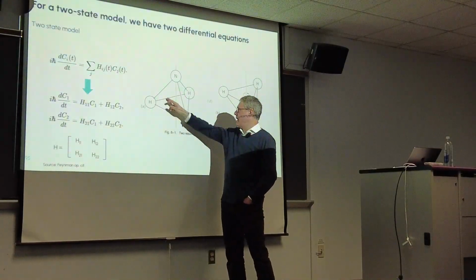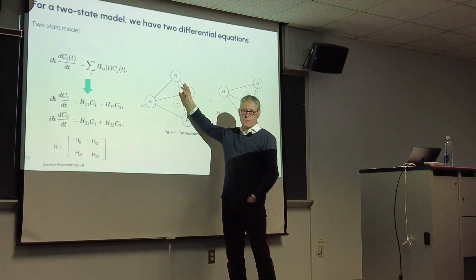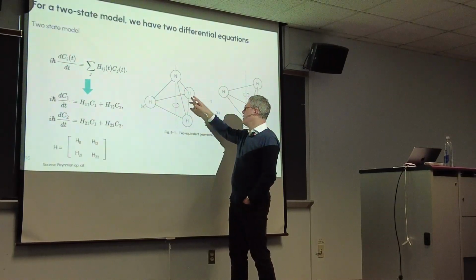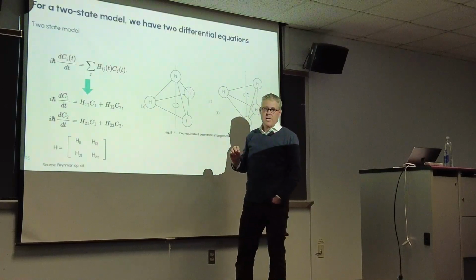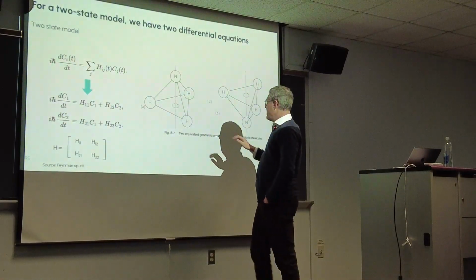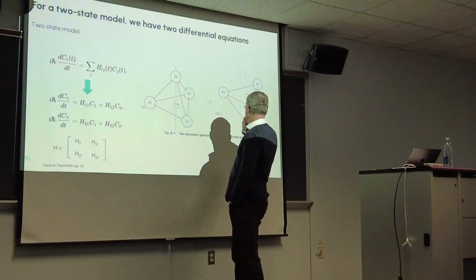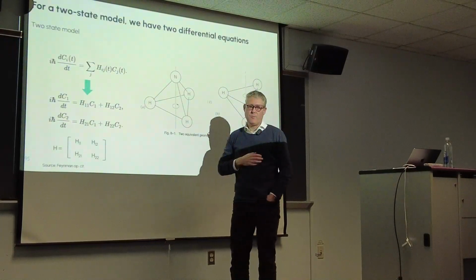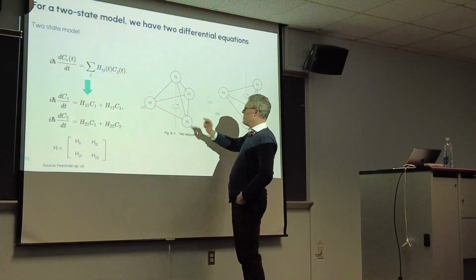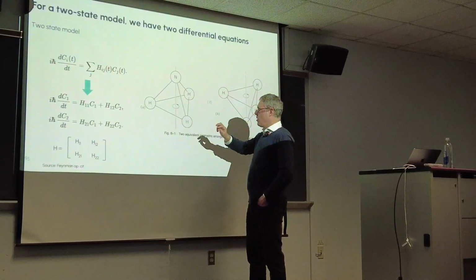There are covalent bindings between the hydrogen atoms and the nitrogen atom. The reason why Feynman is depicting it like this is that he wants to show the symmetry plane of the molecule, because the molecule has 2 states.